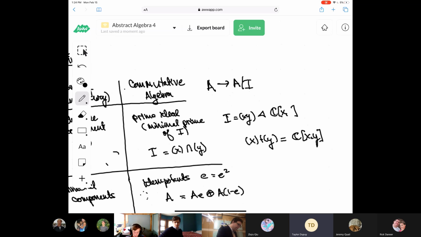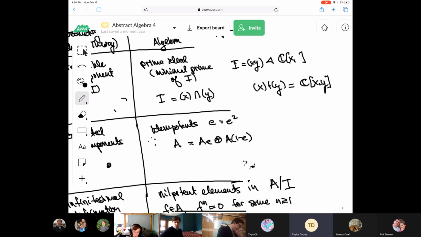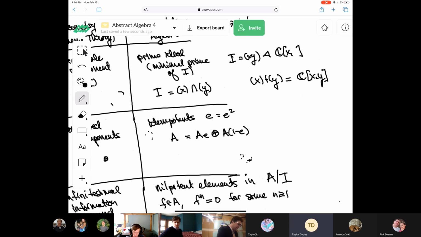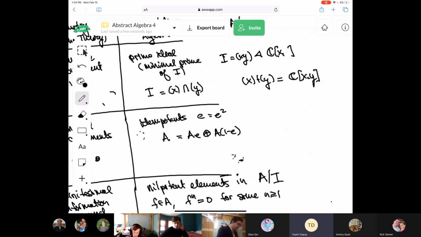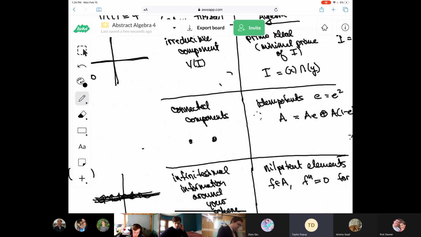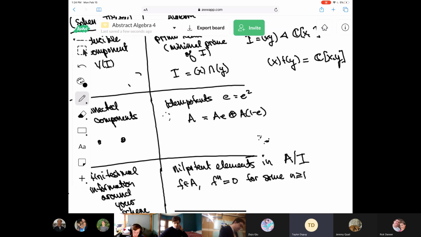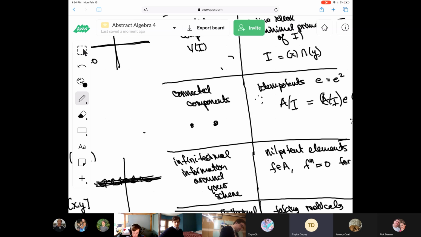So idempotence could be, it depends on what you're talking about. Let's say idempotence of A mod I is E direct sum A mod I 1 minus E. What I'm drawing here is spec of A mod I.